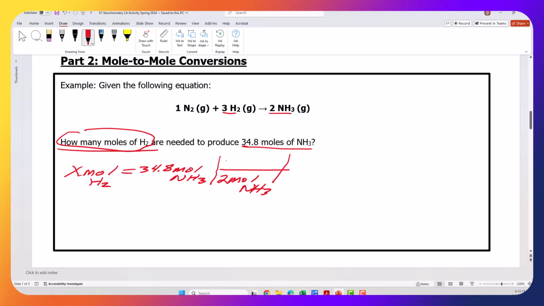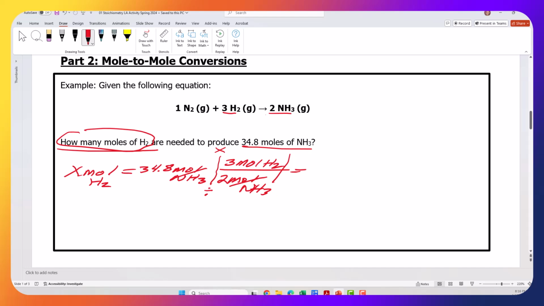And then we have 3 moles of H2 in the numerator. When I multiply and divide across, remember, you're multiplying in the numerator, you're dividing by the denominator.